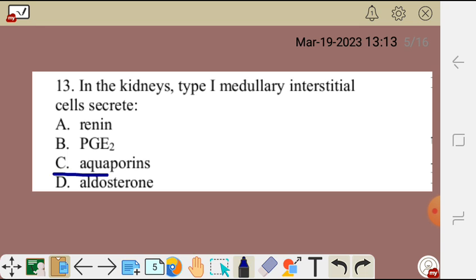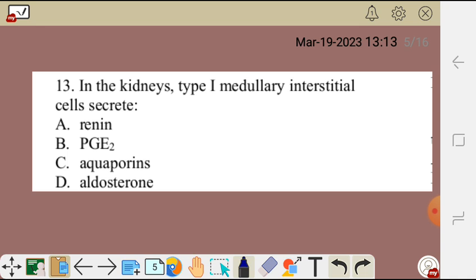Aquaporins are mostly found in the proximal convoluted tubule, and are also there in the distal convoluted tubule, especially in the principal cells, and in the collecting duct.